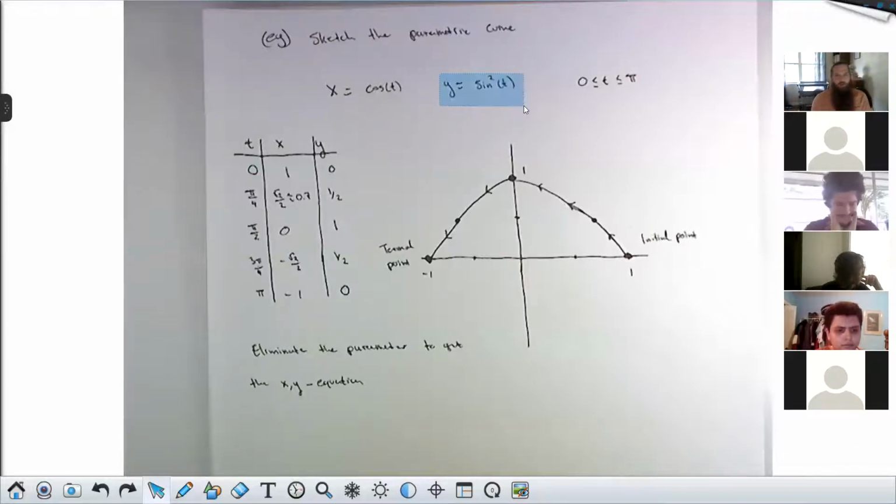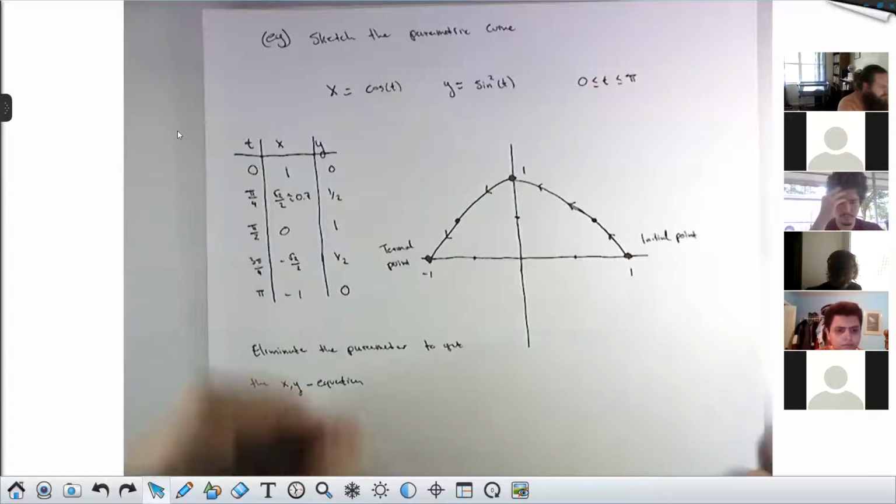Does anybody see something I could do with this that would allow me to relate it to this? So Nico's answer, while correct, is not going to help us here. It's true we could apply a half angle formula to this. But I did get a private message that's correct.